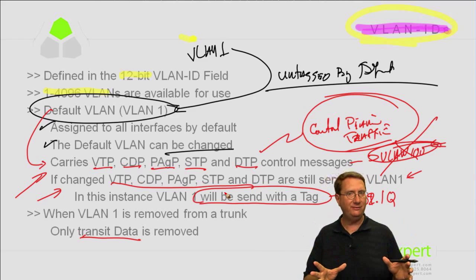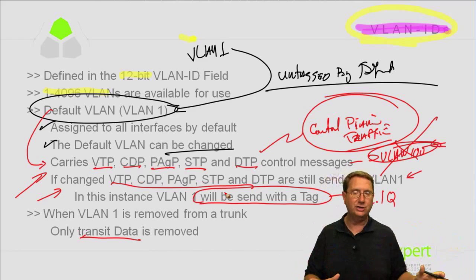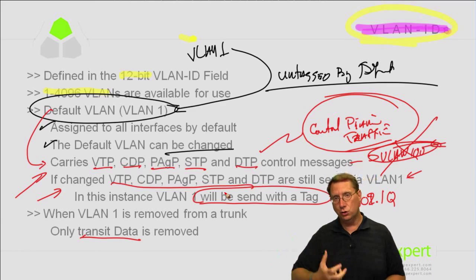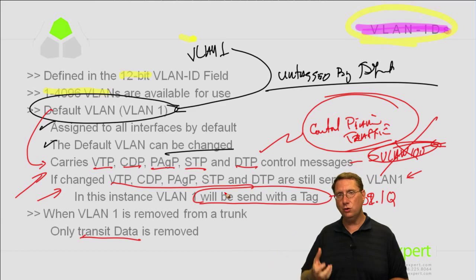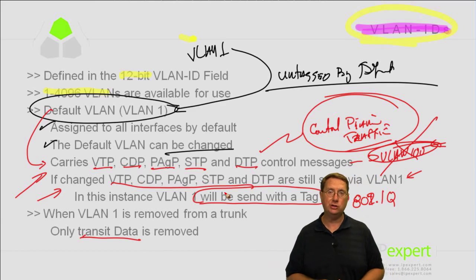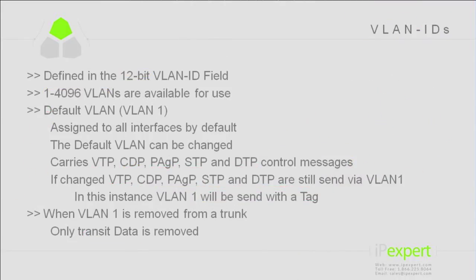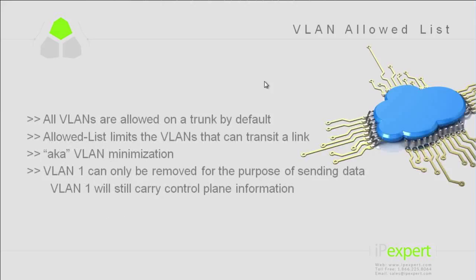It doesn't necessarily have to be untagged on all links, just so long as both ends of a given link agree that it is going to be the untagged or the native VLAN. Now, the other part of this is if I remove VLAN 1, I'm removing it just for the purposes of forwarding traffic. It's still going to allow me to carry and send the information associated with these control plane mechanisms that we've been talking about.